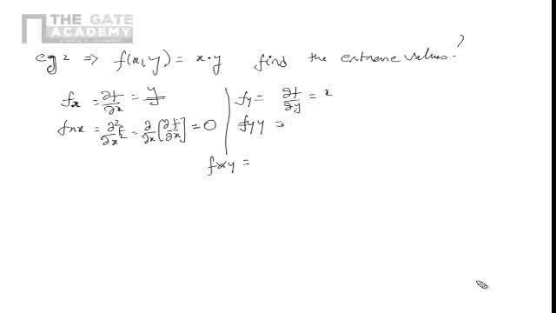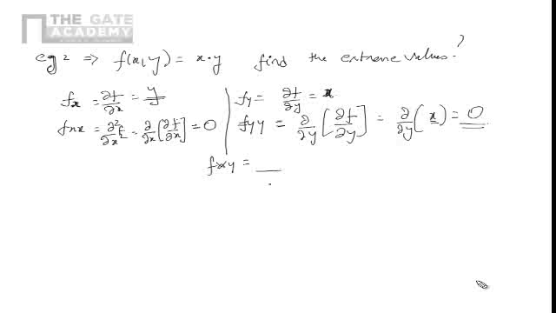And fyy is dou by dou y of dou f by dou y, which is dou by dou y of x. This is nothing but 0, because I am partially differentiating x with respect to y. And what is fxy?